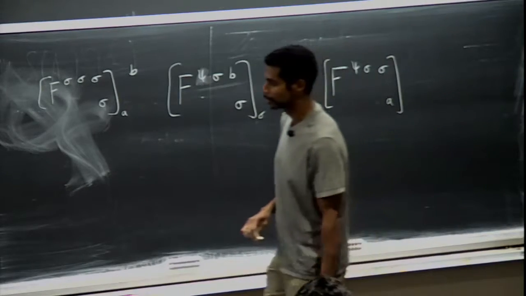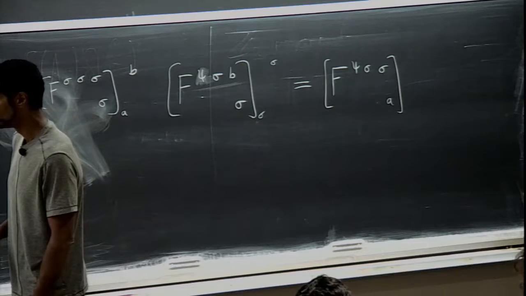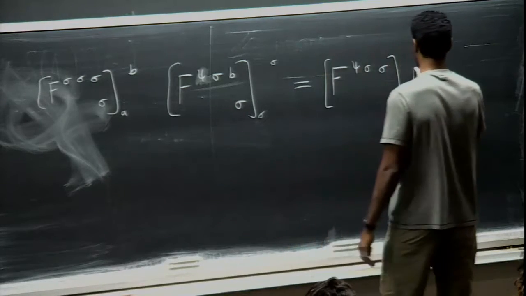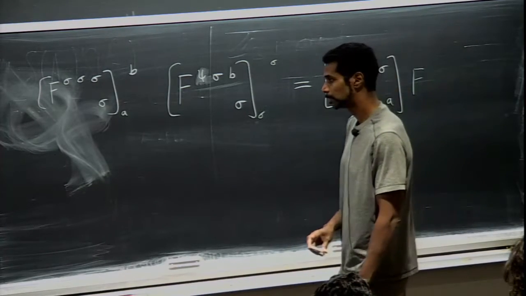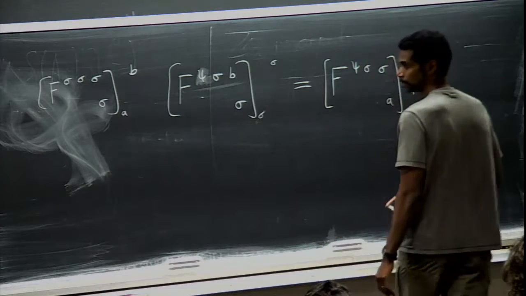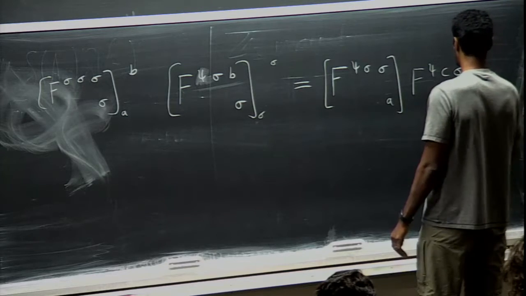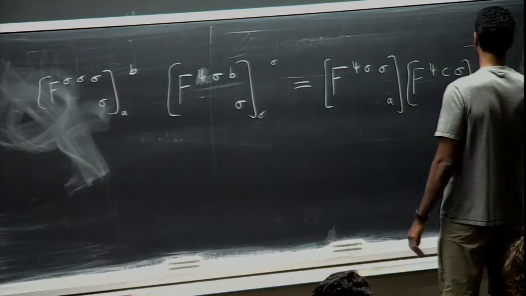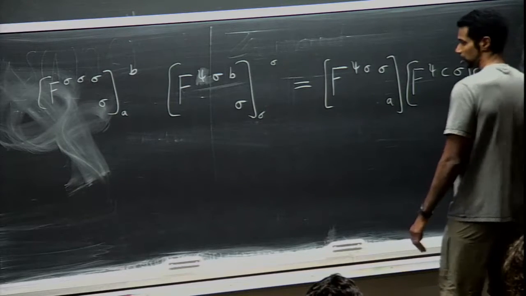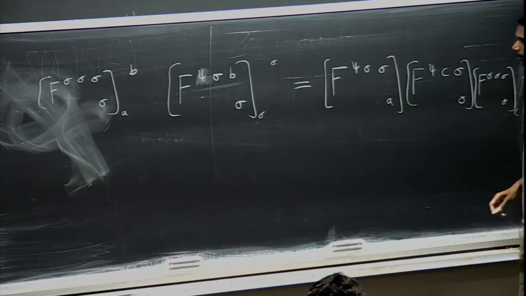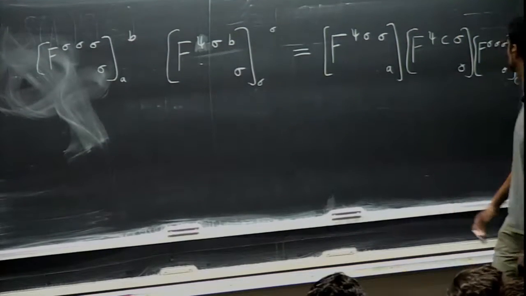And this move is F psi C sigma sigma, and then the last one is F from C to D, C to B. I think that's right.